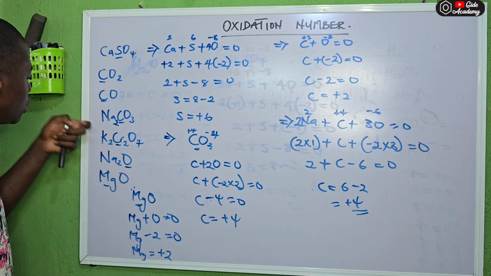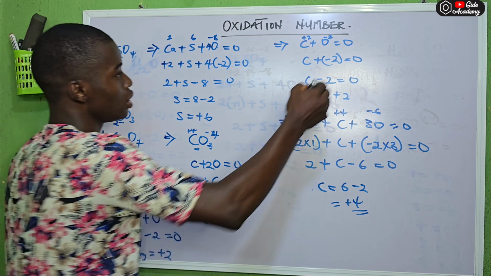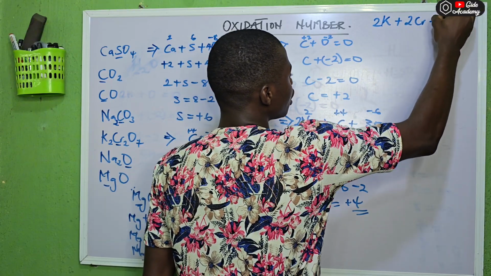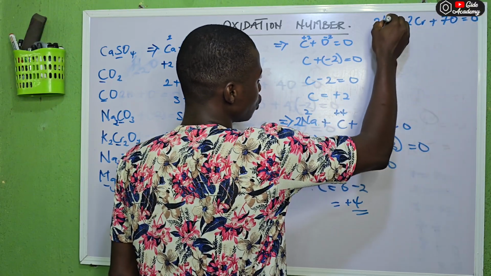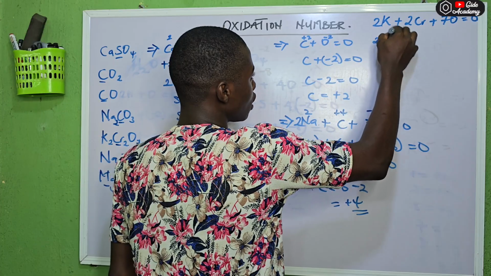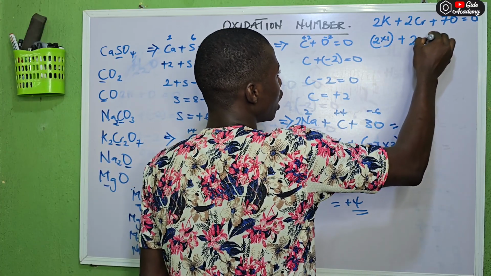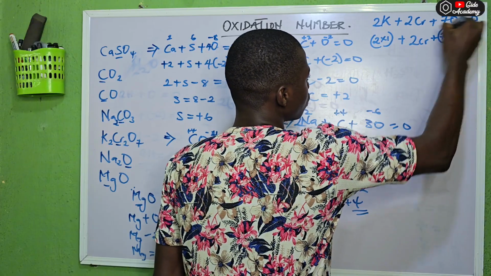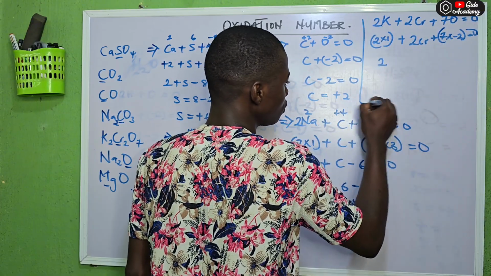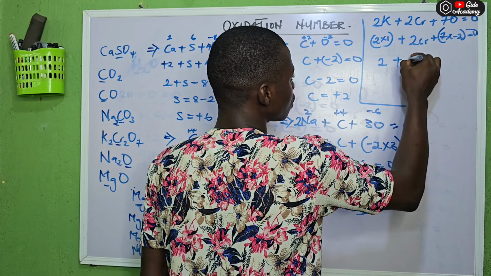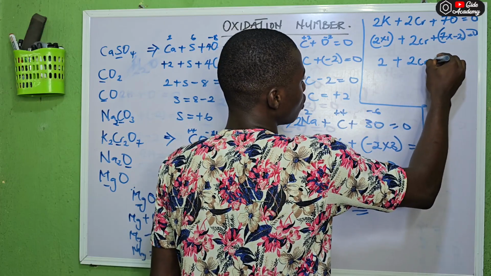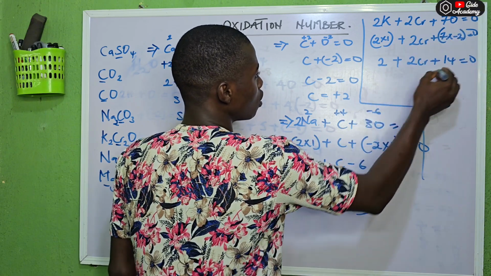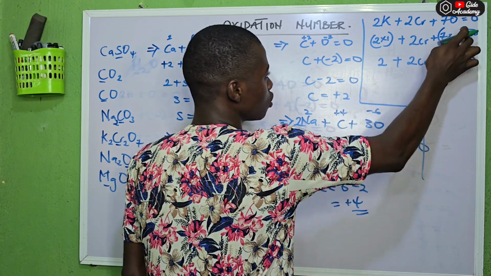Then let me give you this very one before we call it a day. K2 plus 2Cr plus 7 oxygen is equal to 0. Potassium is 1, so that will be 2 times 1 plus 2Cr, we are solving for chromium, plus 7 times minus 2, which is equal to 0. Here will give us 2. Here will give us 2 plus 2Cr minus 14 is equal to 0, 7 times 2, minus 14 because of this negative sign.